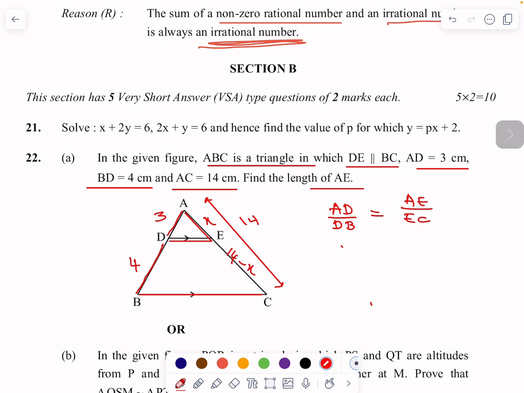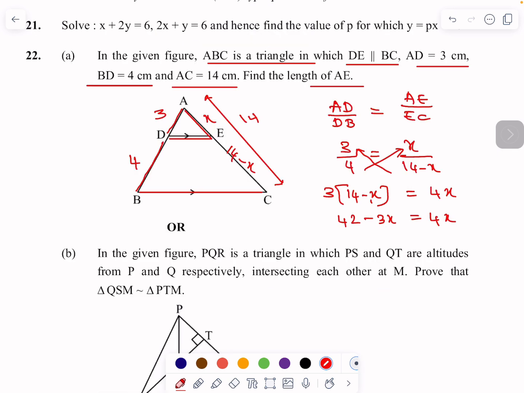Just substitute the values and get the x value. So 3 by 4 is equal to x by 14 minus x, and do the cross multiplication: 3 into 14 minus x, and 4 into x, 42 minus 3x equal to 4x.